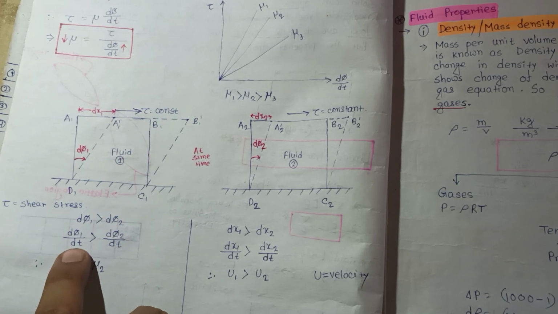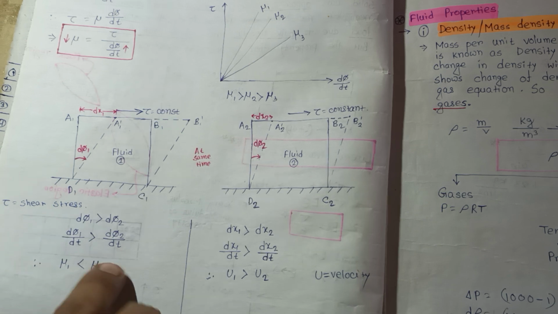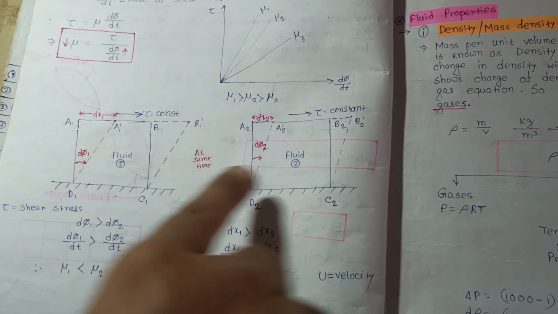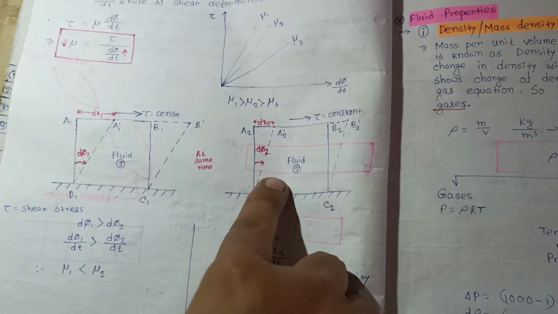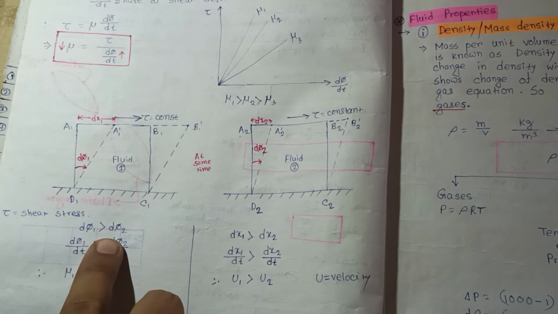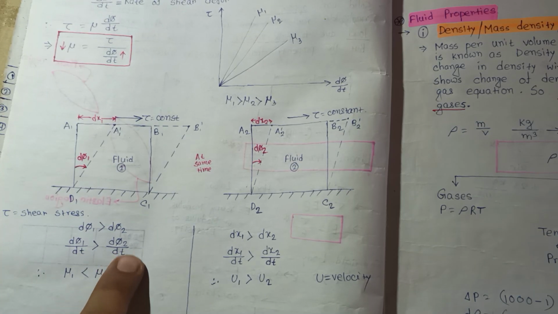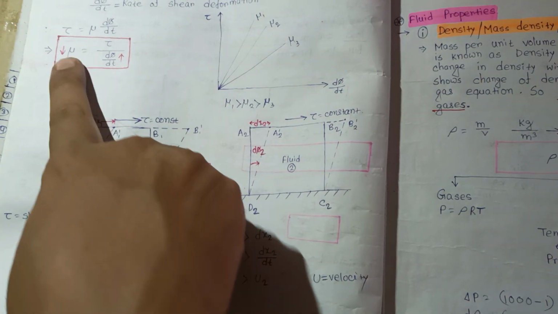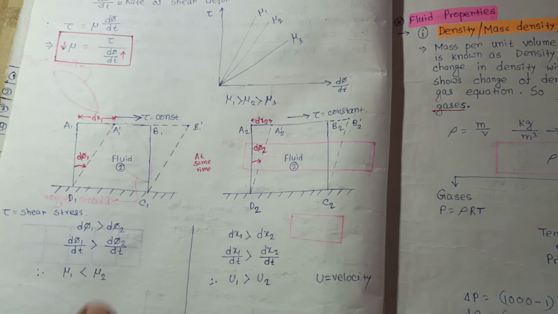So d phi 1 by dt is greater than d phi 2 by dt. If this is greater, then mu will be less, so mu1 is less than mu2.